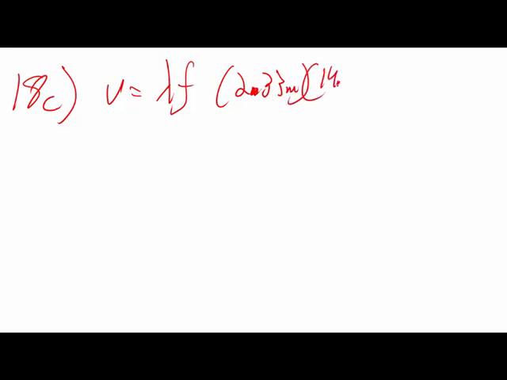What is this, 18C? All right. Well, we know that we can find the wave speed, and the wave speed's easy. Velocity is equal to what? Well, we've already had this equation: lambda times the frequency. Lambda was 2.33 meters, and the frequency was 14.6 hertz.